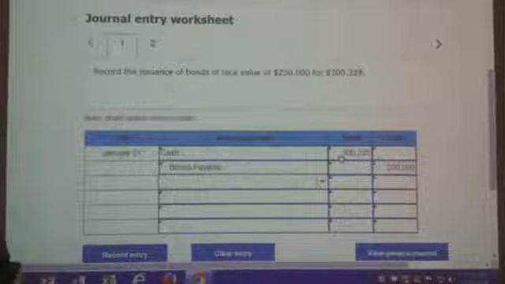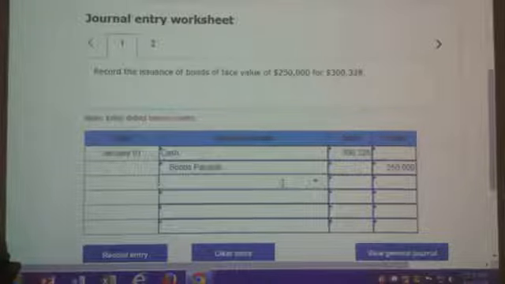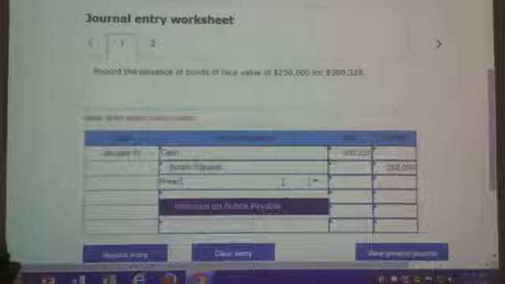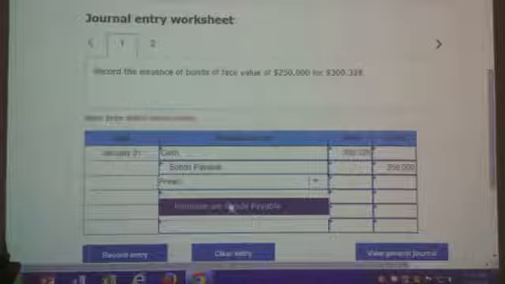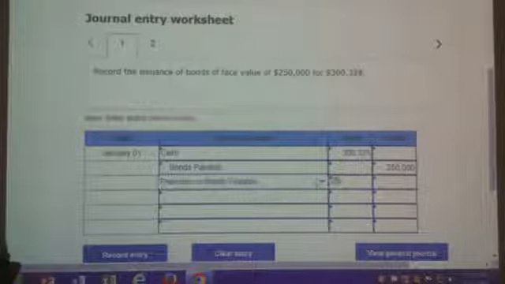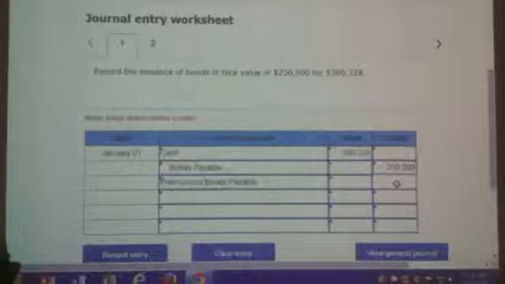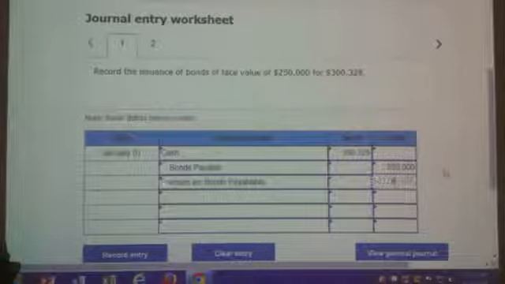Because the amount we receive is greater than the value of the bonds payable, we call this a premium on bonds payable. This premium is equivalent to the difference: 300,328 minus 250,000 is 50,328. That's the first journal entry.